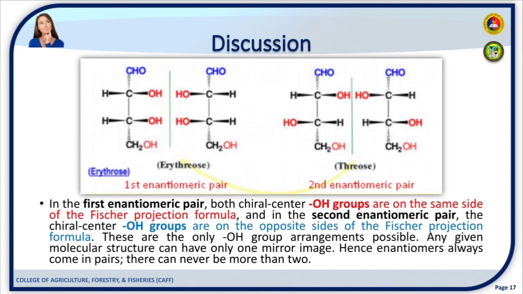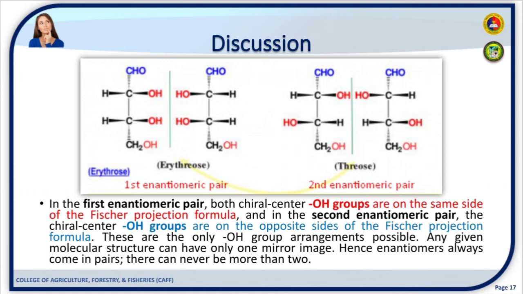On the other hand, in the second enantiomeric pair, which is the threose, the chiral center OH groups are on opposite sides of the Fischer projection formula. So look at the first and the second compound of threose. They are on opposite sides, while in erythrose the OH groups are located on the same side in the first and the second.